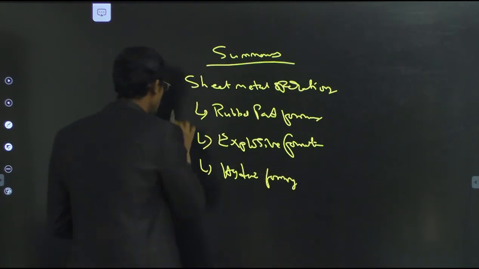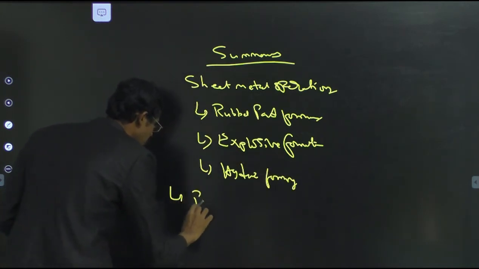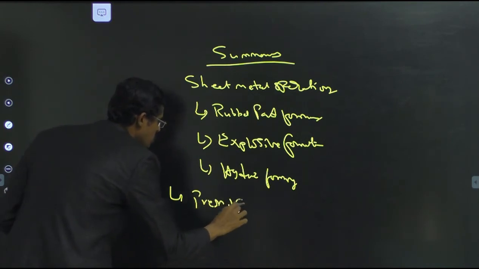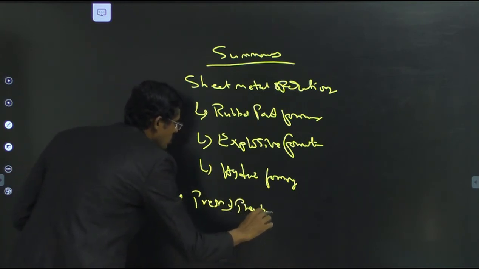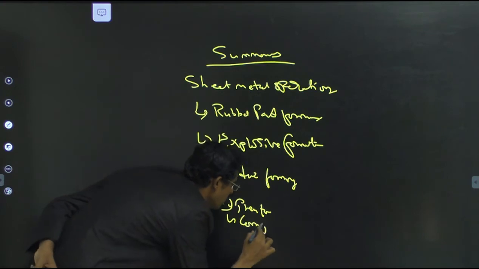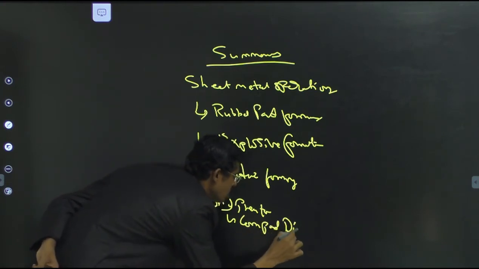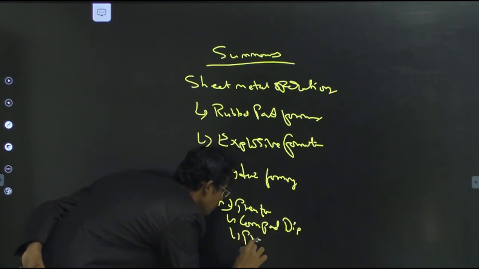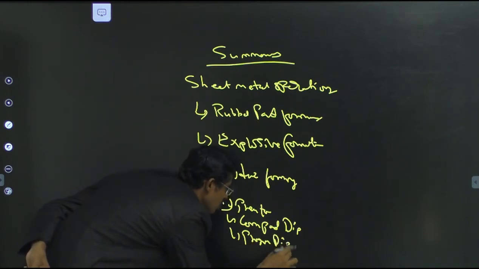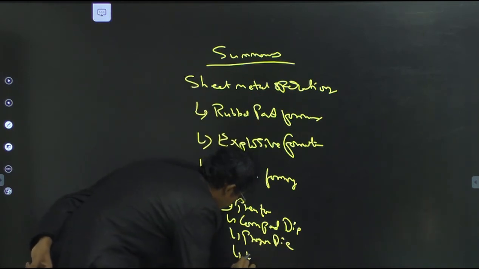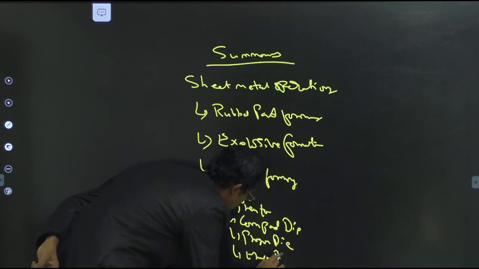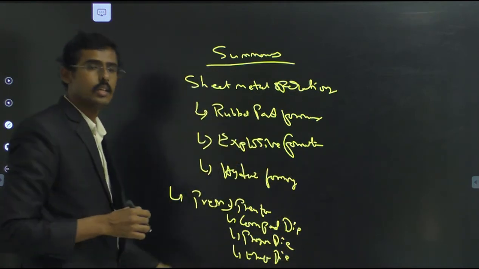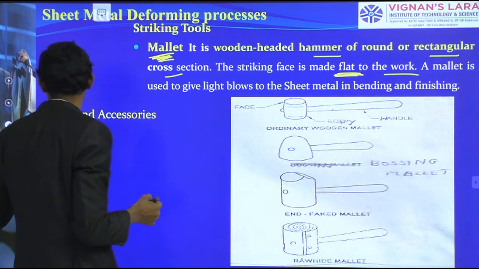We have also seen about various presses and press tools such as the compound die, progressive die, and transfer die. These are the things we have seen in today's class.